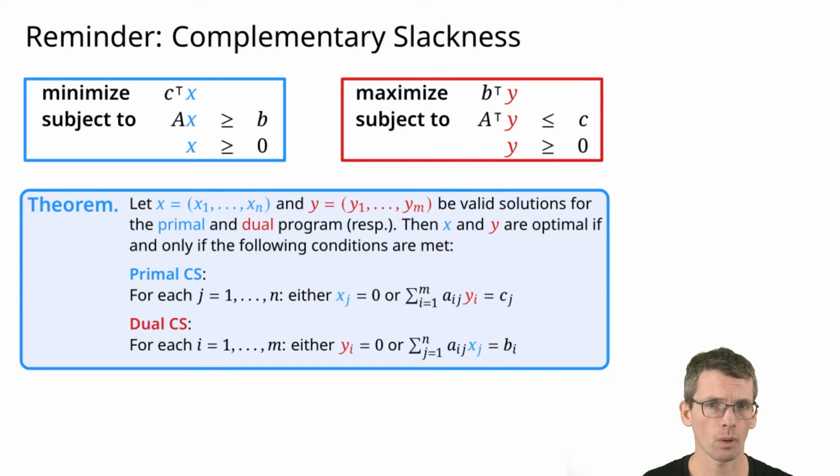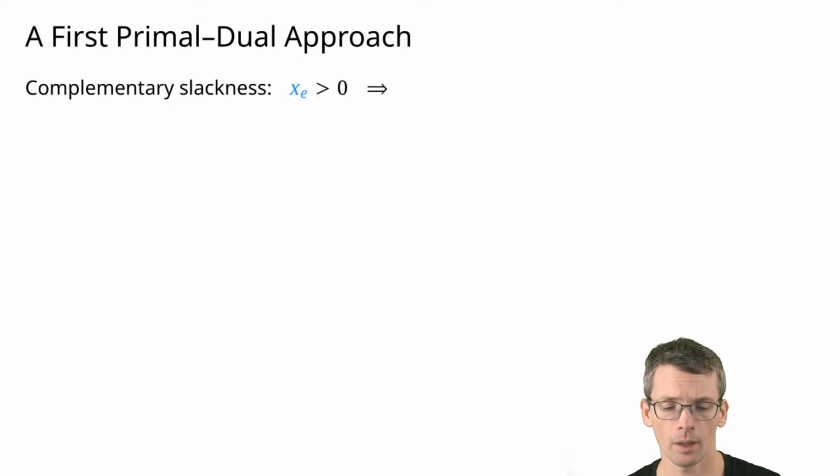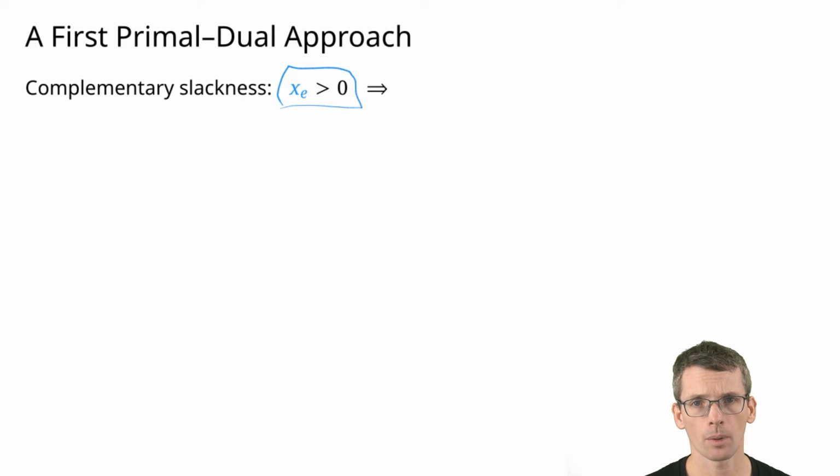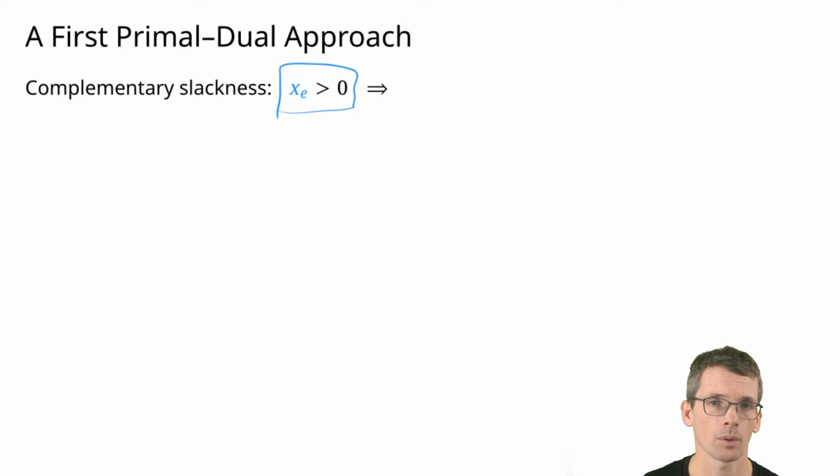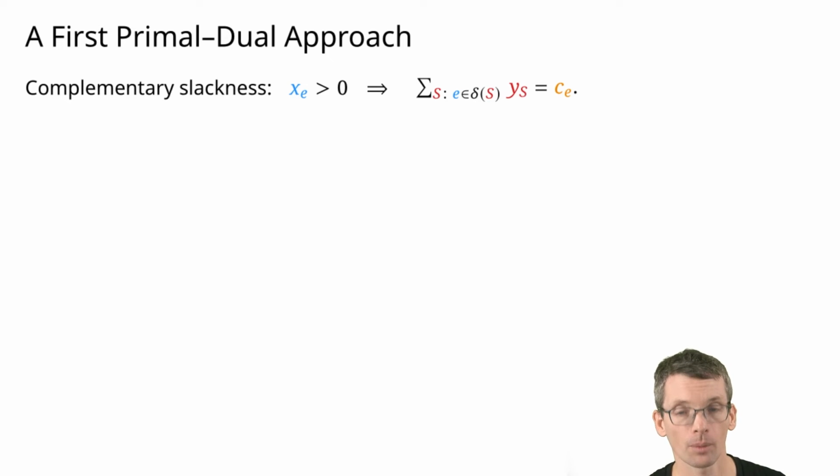So we will be, for this algorithm, guaranteeing primal complementary slackness. So what does that mean? If a variable corresponding to an edge is non-zero, we will only set a variable to something non-zero, to 1 actually, if I have complementary slackness.